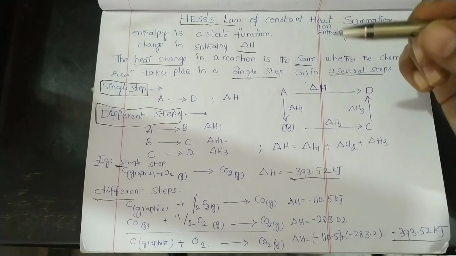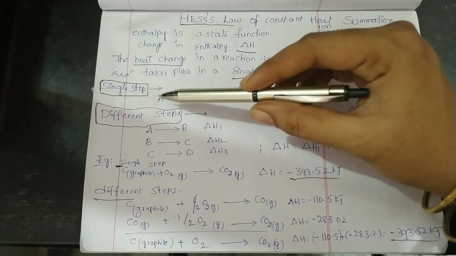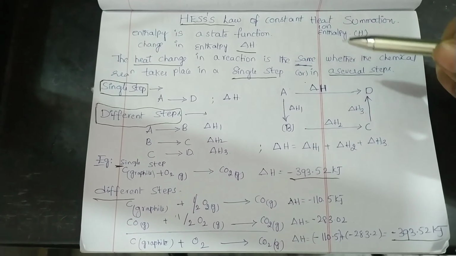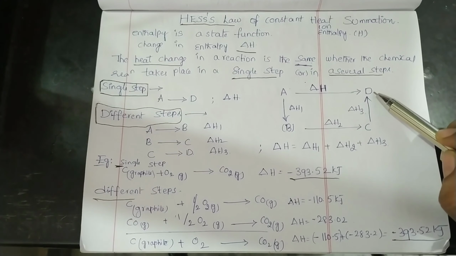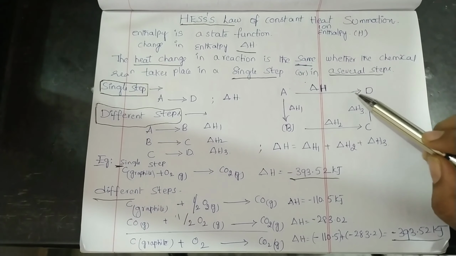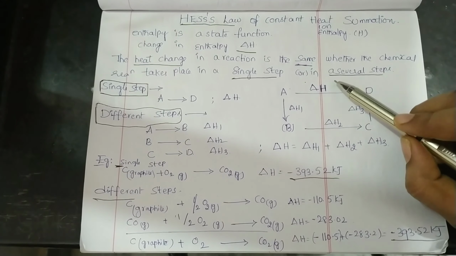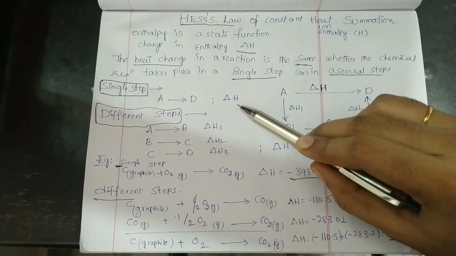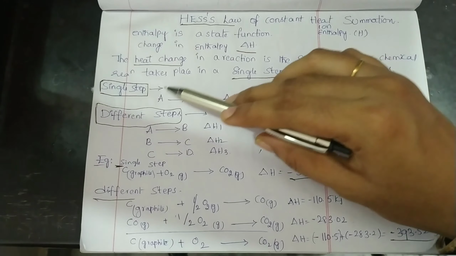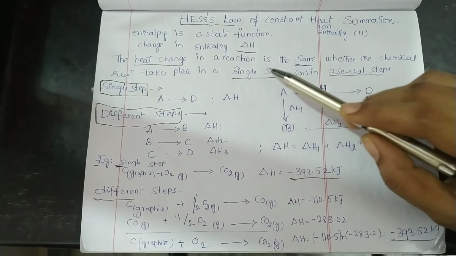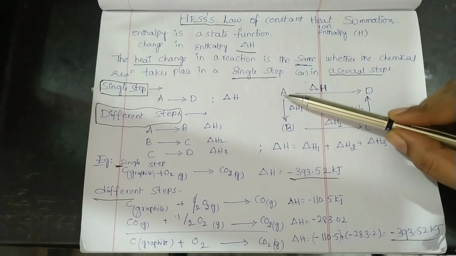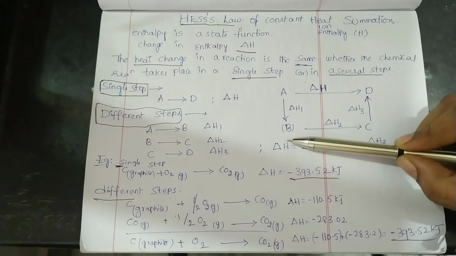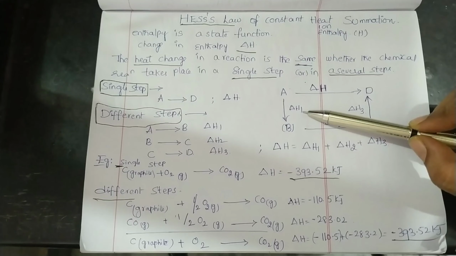Let us consider the reaction in which A gives D. This reaction occurs in a single step, and let the heat of the reaction be delta H. Suppose the same reaction occurs in different steps. From A to B, enthalpy change is delta H1.